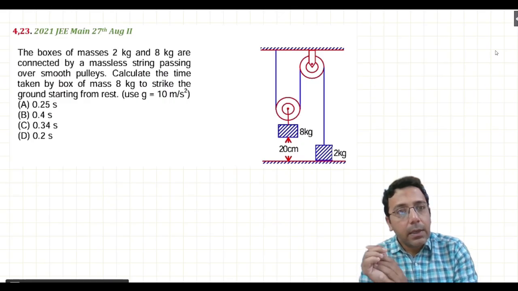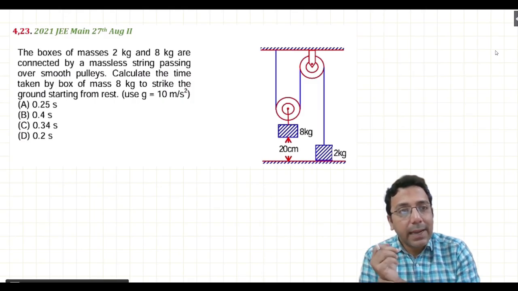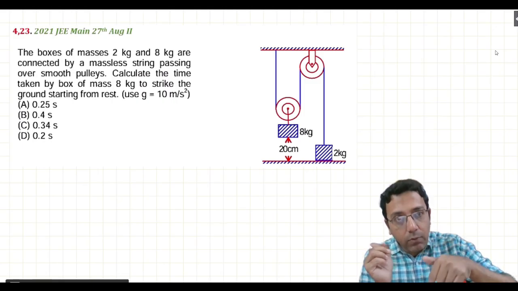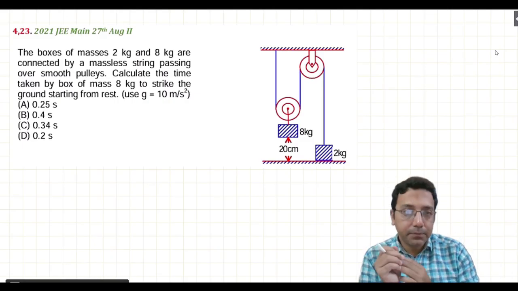What is given here? The boxes of mass 2 kg and 8 kg are connected by a massless string passing over a smooth pulley. Calculate the time taken by the box of mass 8 kg to strike the ground starting from rest.